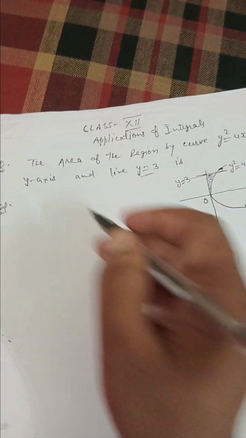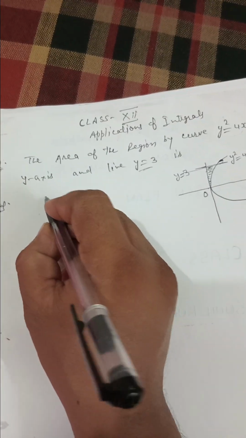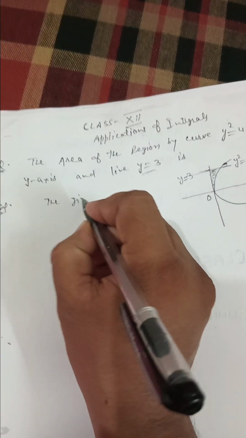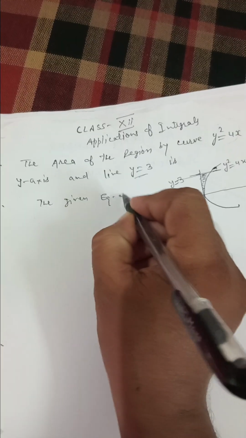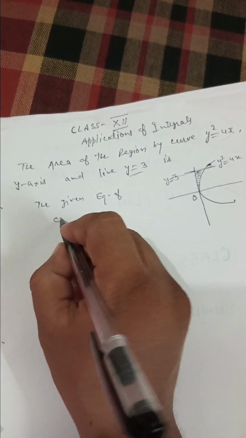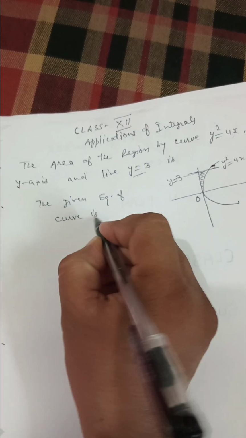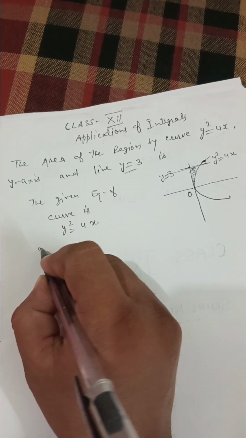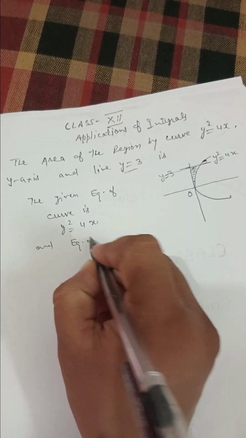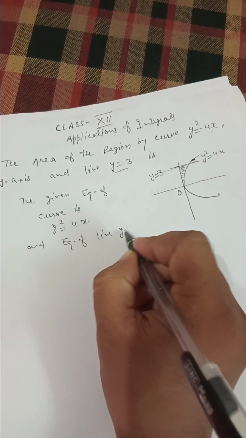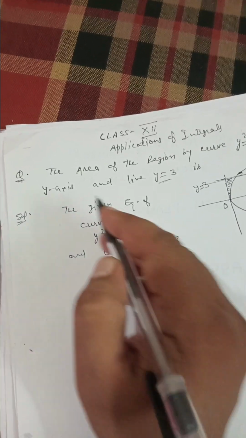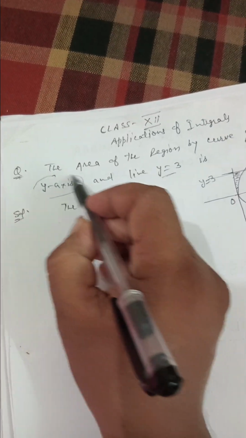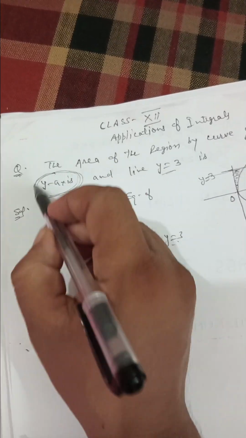So let us write the given equations. The given equation of the curve is y square equal to 4x and the equation of the line is y equal to 3, and we have to find the area along the y axis.